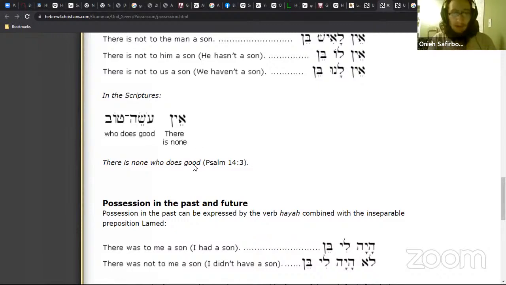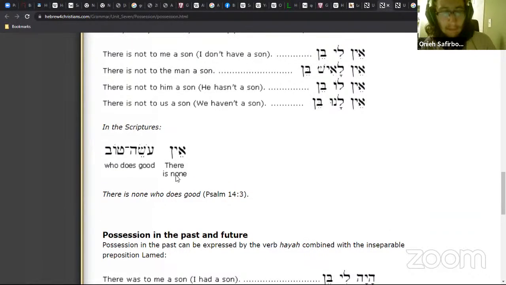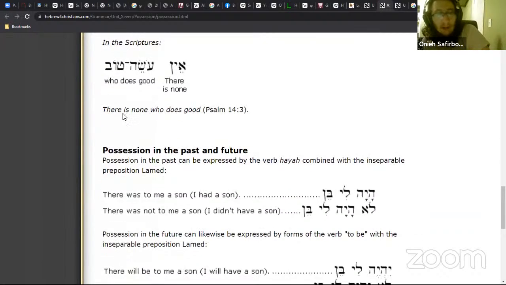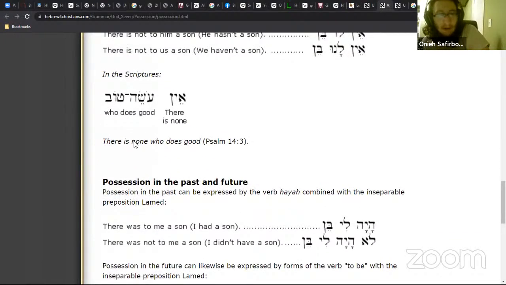That's basically what it says. Or doer of good exists not. It could also mean doer of good exists not. So you can see that's why they translate it as there is none who does good. One who does good, it does not exist, is basically what it says.